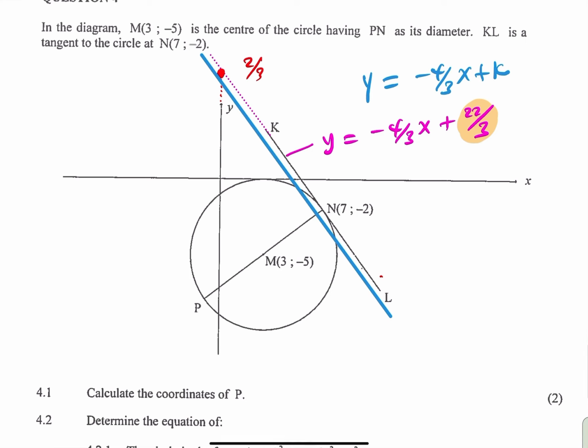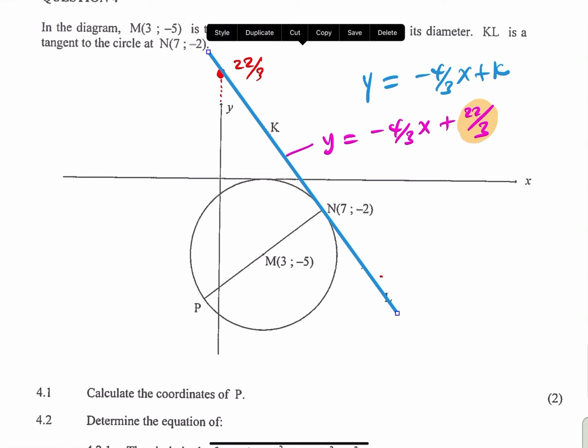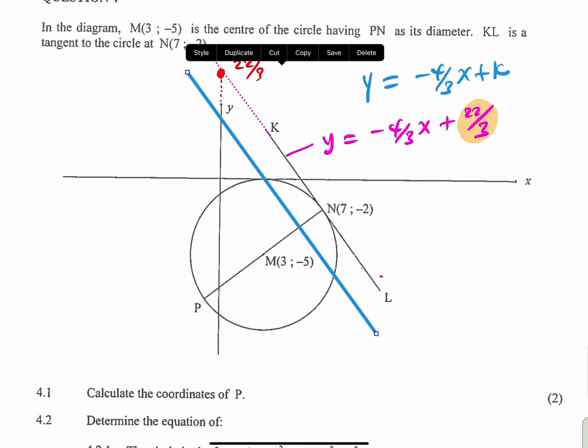Let me circle it. At that point, you are at the tangent stage. But if you go down, you are now within the bounds of the secant definition.